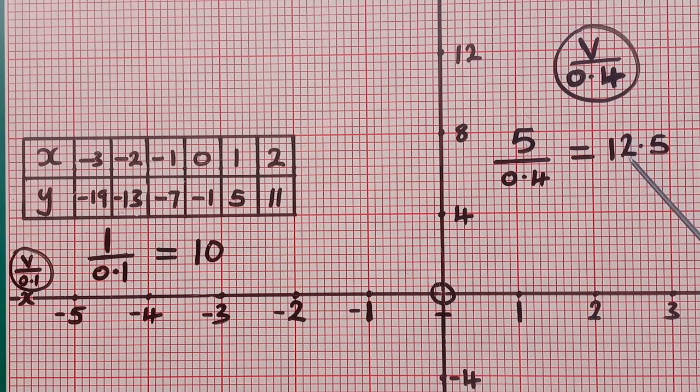That is, count 12.5 unit boxes. This time around, no longer below the origin, it's above the origin because this 5 is positive. So we count from here upwards. 12.5 unit boxes. When we count that number of boxes, we stop. And that is the location of this 5.